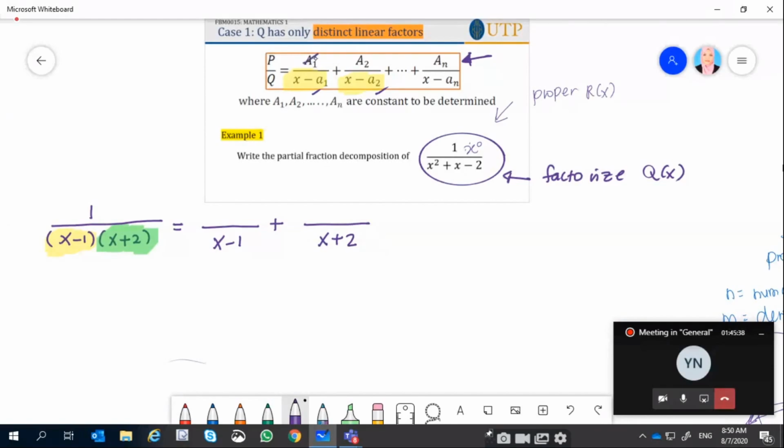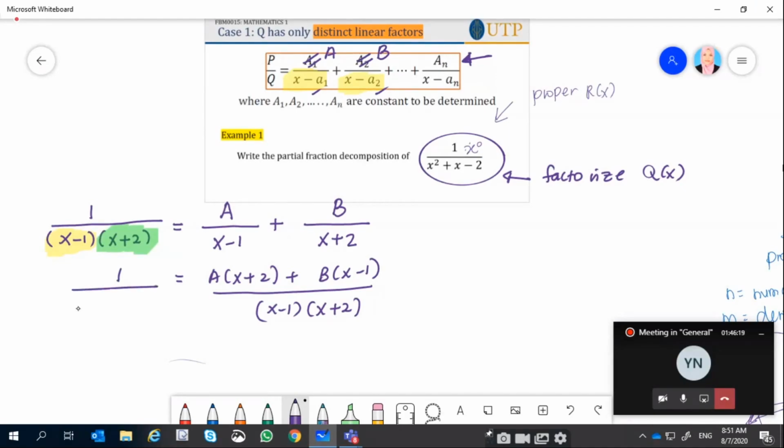For the numerator part, instead of using A1, A2 until An, we use alphabetical order: A, B, C, and so on. So for the first part I'll put A, and B here. Next you have to find the values of the constants A and B. In order to find A and B, we make the denominator the same: A times (s plus 2) plus B times (s minus 1), divided by (s minus 1)(s plus 2).